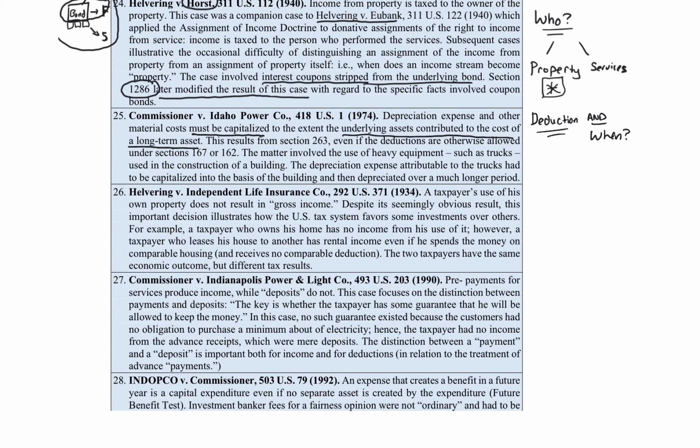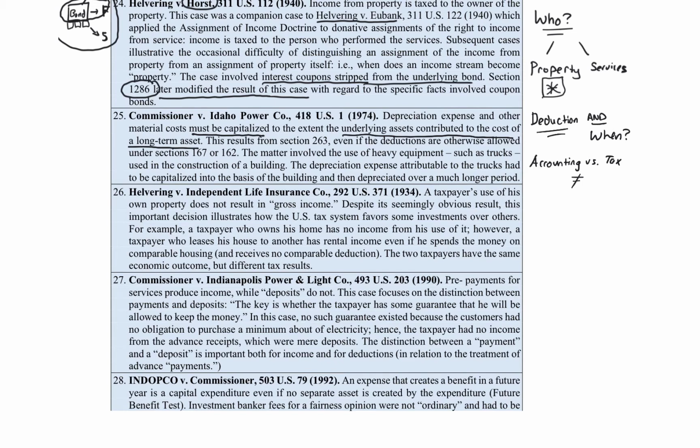Take municipal bond interest. Municipal bond interest is always recorded as income for financial accounting purposes, but it might not be income for tax purposes. So accounting versus tax. We all know not always the same. Sometimes it might be the same, but not always. So this case kind of gets at, okay, depreciation expense and other material costs must be capitalized to the extent the underlying asset contributed to the cost of a long-term asset.